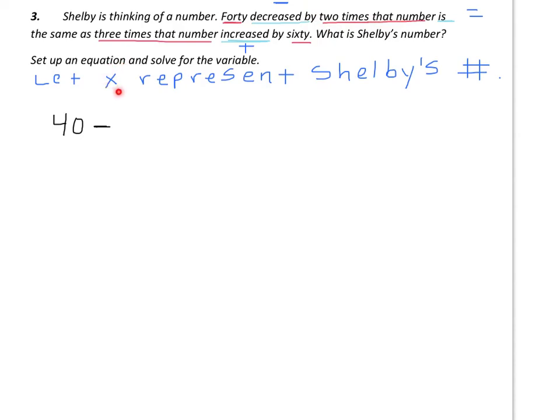We don't know that number, it is X, so that's 2X equals, and then is, that's for equals, and then the same as 3 times that number, so this is going to be 3x increased by 60, so we're going to add 60, and there's our equation. And that's where I'm going to stop.